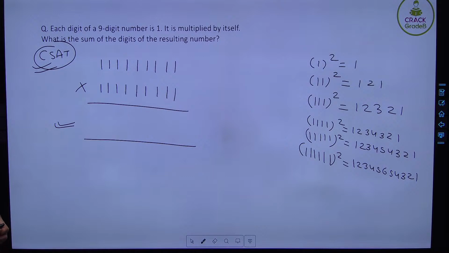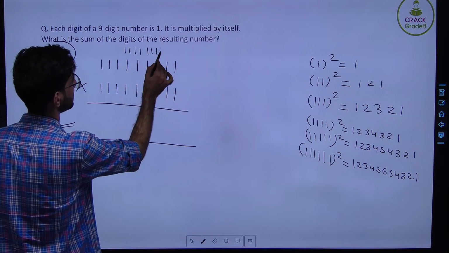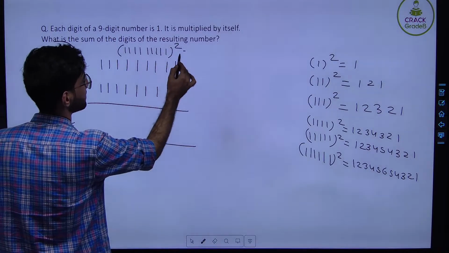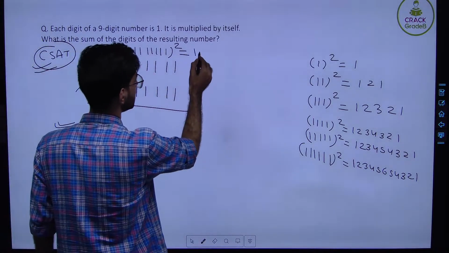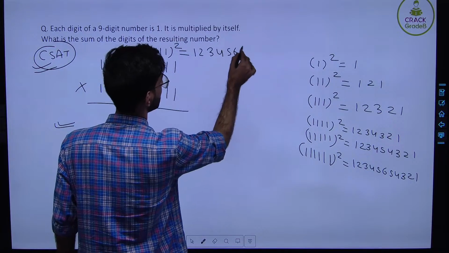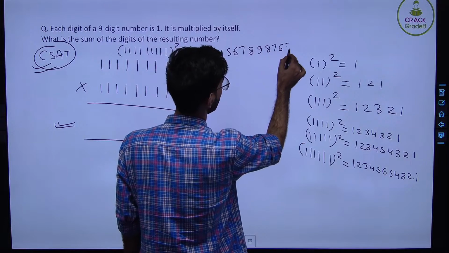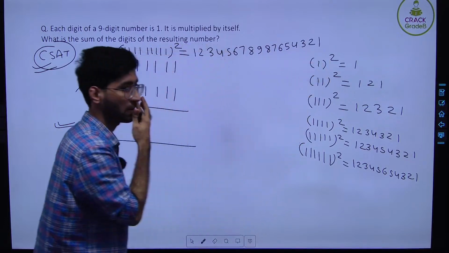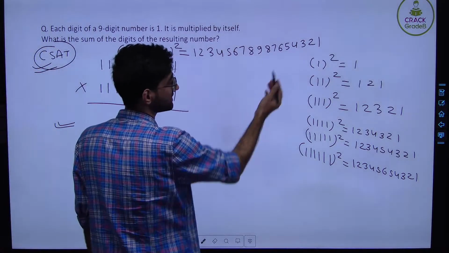So if there are nine 1s, you will write 1, 2, 3, 4, 5, 6, 7, 8, 9. Then you will write 8, 7, 6, 5, 4, 3, 2, 1. Now you just have to add these digits.